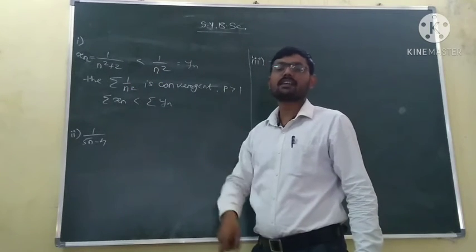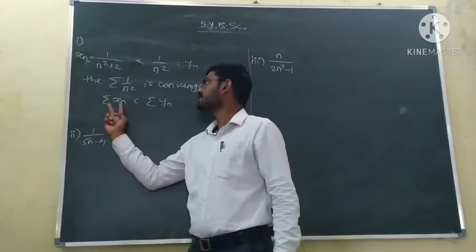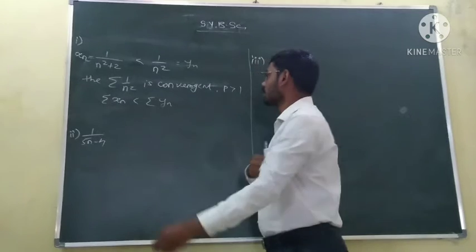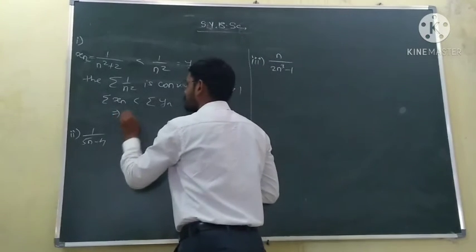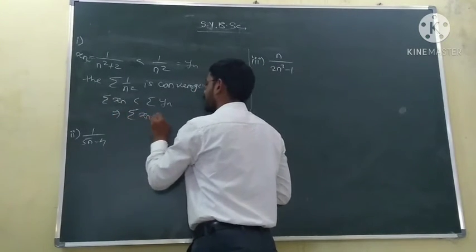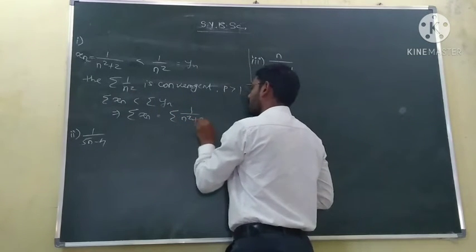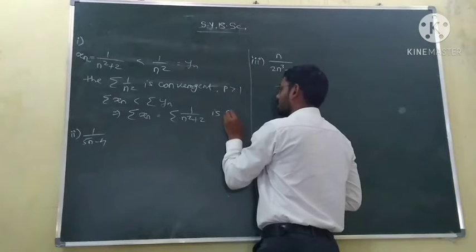So by comparison test, the series xn, that is the nth term 1 upon n square plus 2, is also convergent.